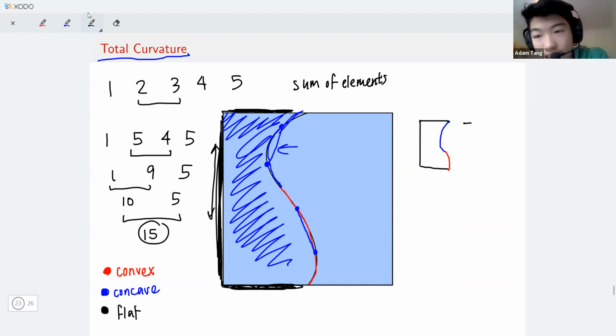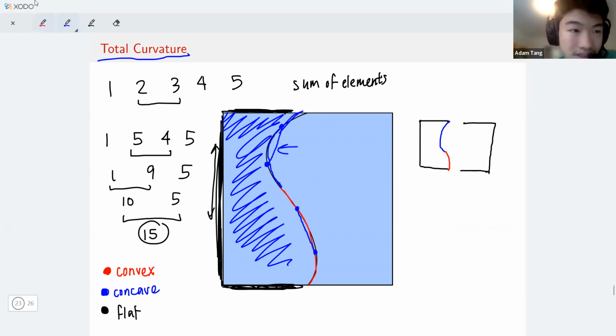But now let's look at the other piece. What happens here? What was concave for the left piece is now convex. It's jutting out. Look at it. It's jutting out there, and then it's caving in on the bottom.